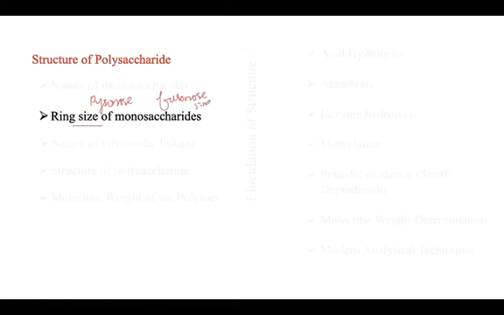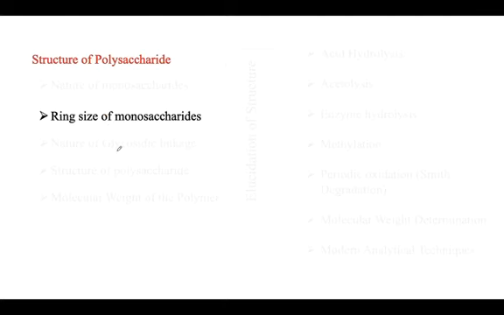In the case of D-glucose, in starch or cellulose, it is the 6-membered pyranose ring. So in addition to knowing which monosaccharide units are present, we should also know whether the ring is 5-membered or 6-membered.